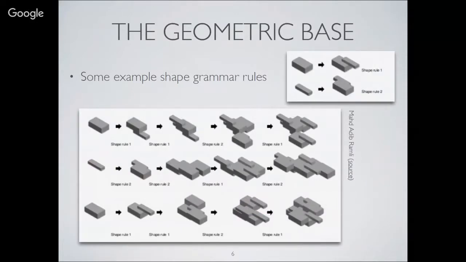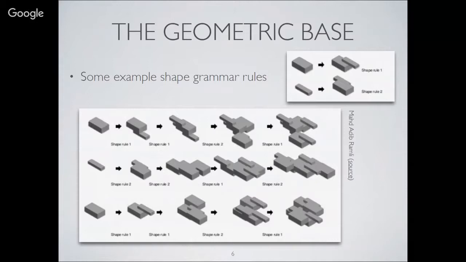We have some bag of shapes, and we can basically come up with rules for how we can add on to new shapes from a starting point. So let's say we just start with two different types of blocks in our procedural building toolkit, big blocks and small blocks, as you see on the top here.